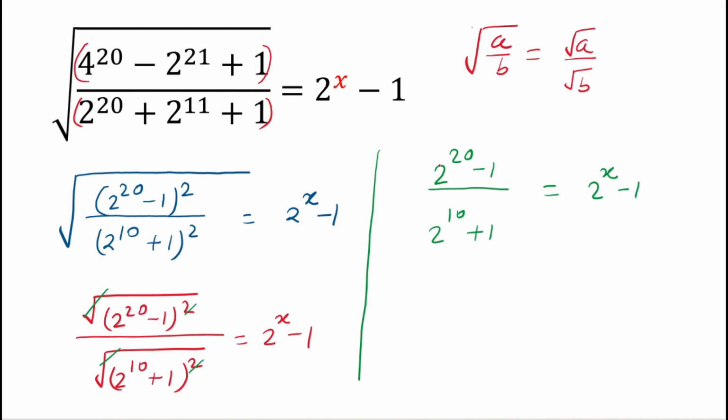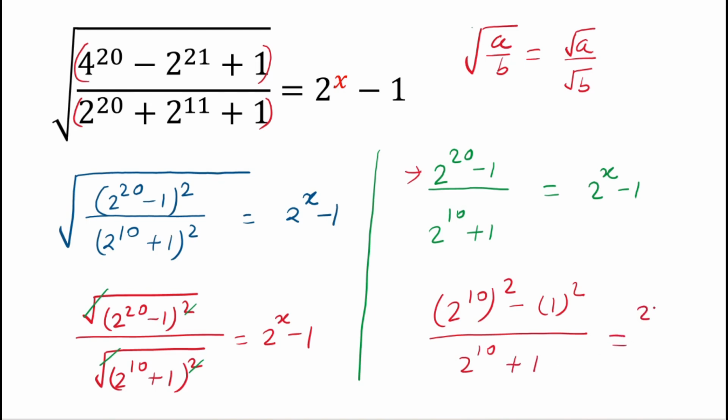Now this 2^20 is the same as (2^10)^2 minus 1^2, divided by 2^10 + 1, equal to 2^x - 1. Now here we will apply substitution.